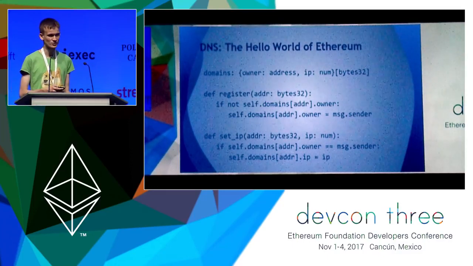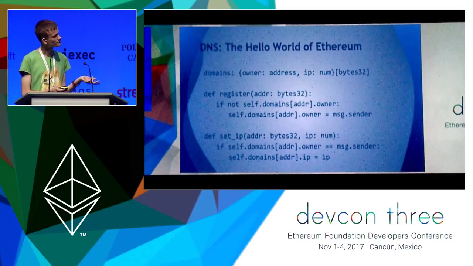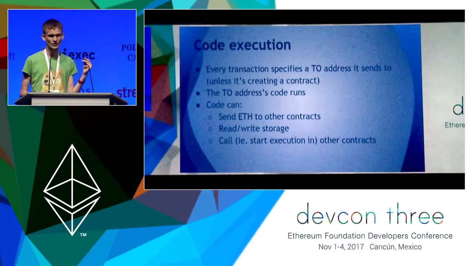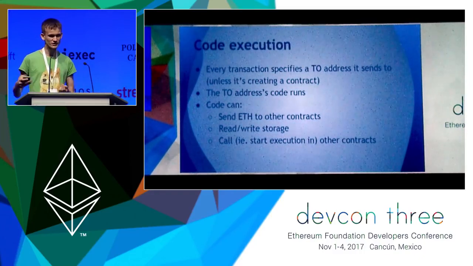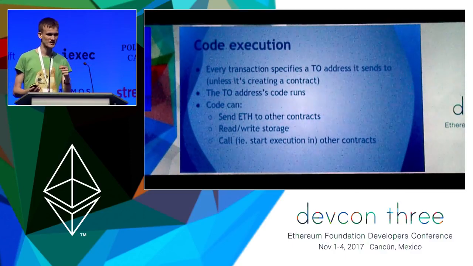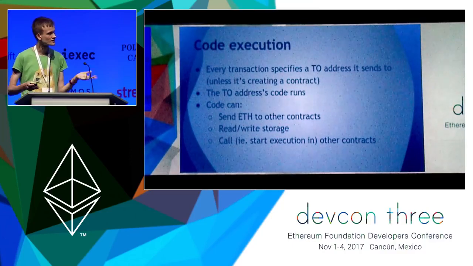The if statement also is reading from the contract storage. So it can read and write to storage, and it can even call other contracts. This is also called an internal transaction. Basically, contracts can talk to other contracts in the exact same way that external users can talk to contracts.